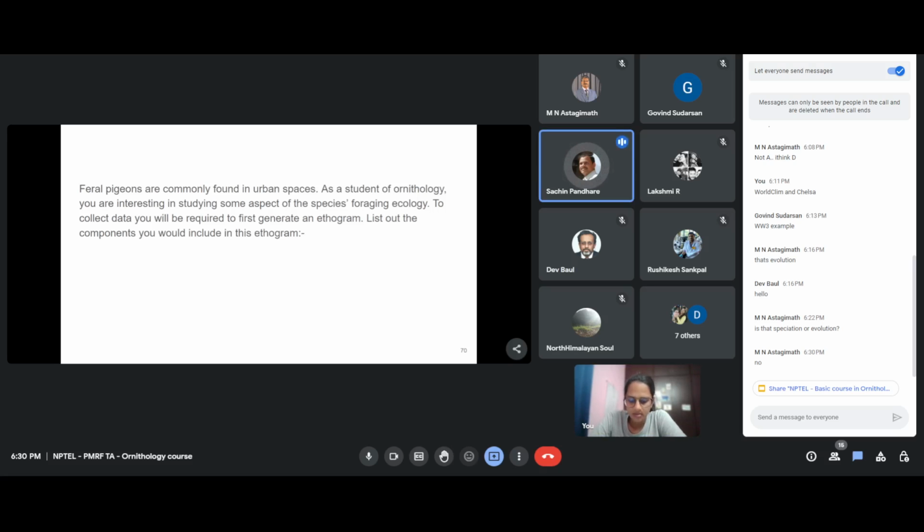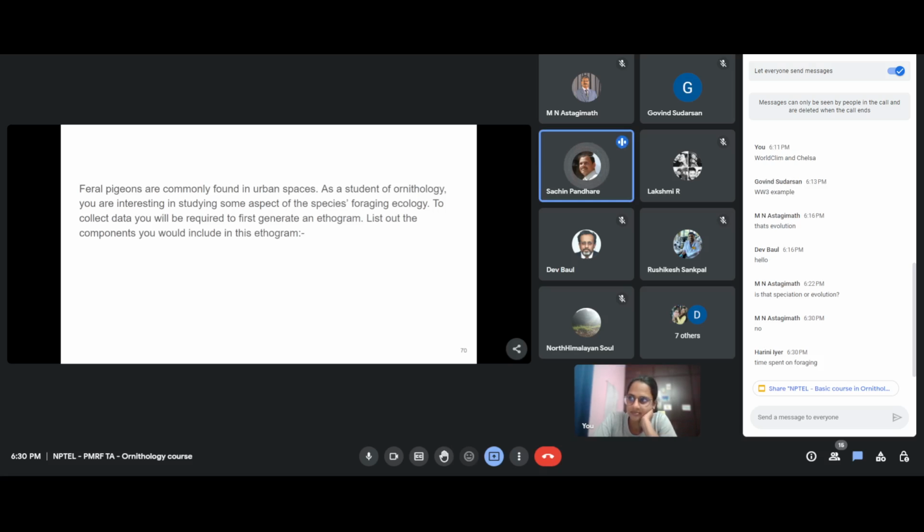Ethogram is basically a kind of fact sheet where you log behavioral data. Imagine you are a scientist out in the field looking at your study species, interested in studying its foraging ecology. What are the parameters you will note down?